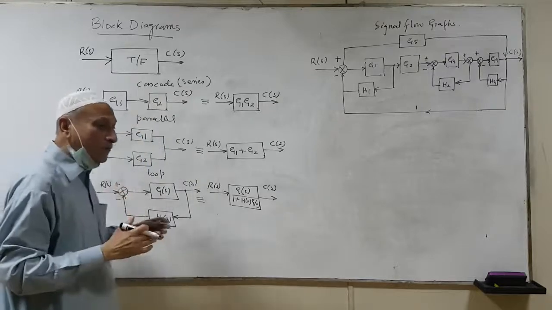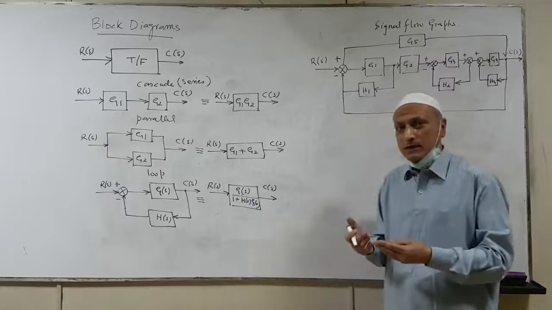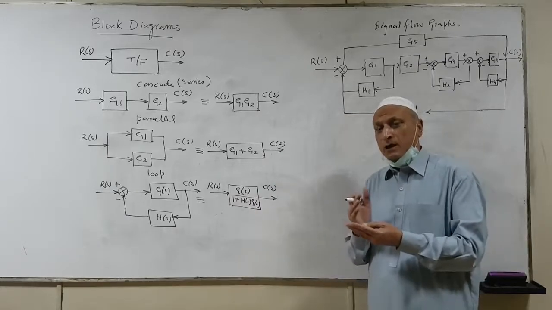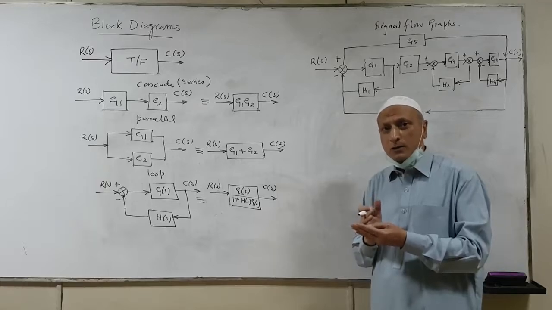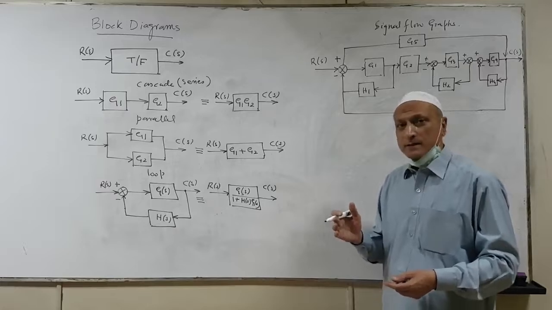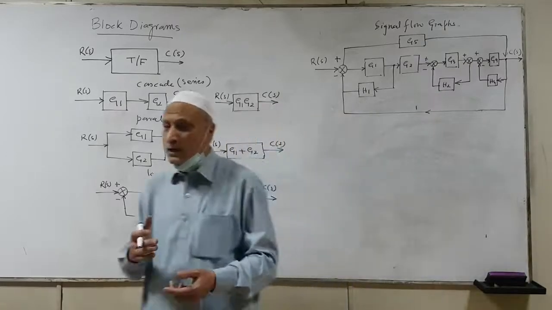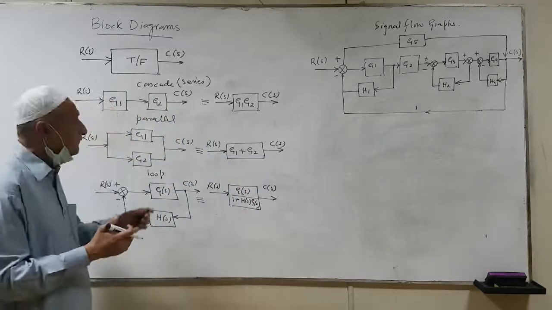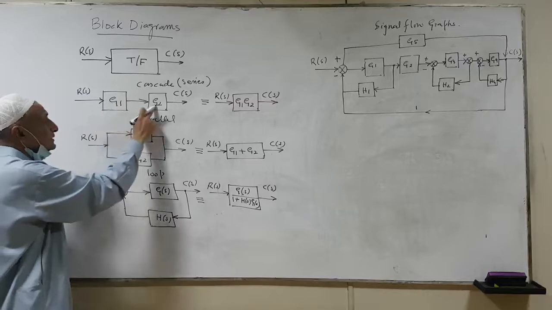Now, the components can be connected in three different fashions: cascade or series, parallel, and loop. So we can start with a simple problem on the simplification by first considering two subsystems in cascade, in series, with transfer functions G1 and G2.